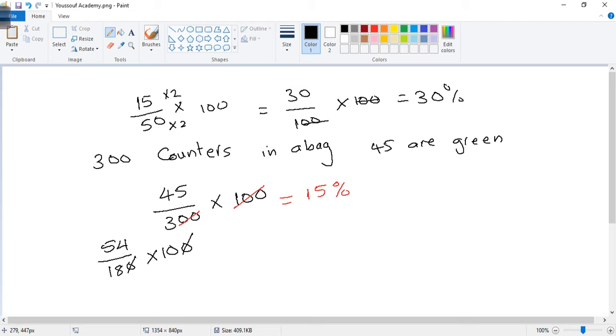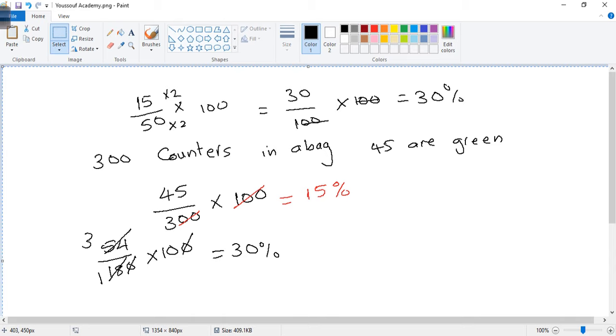That 0 cancels that 0. If we divide by 18, it is 1. If we divide 54 by 18, it is 3. 3 times 10, the answer is 30%. That is the way it works here.